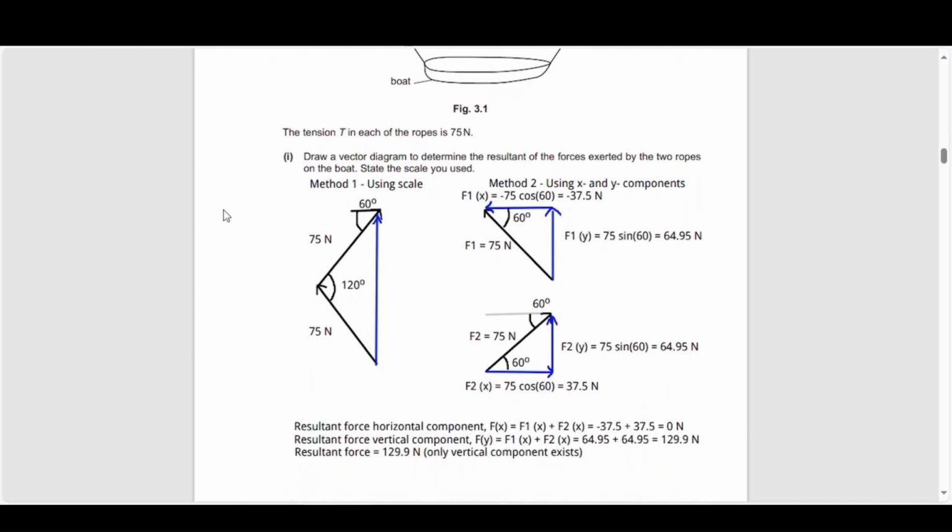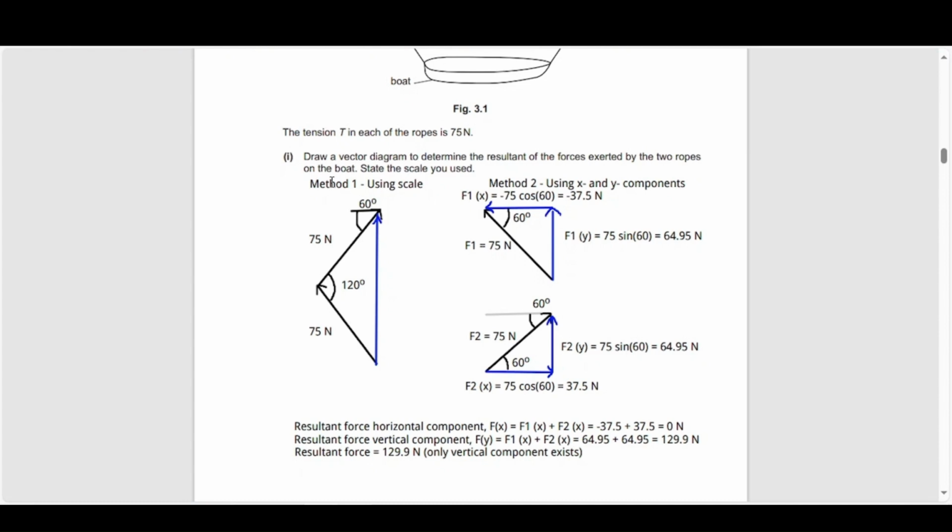So here I have shown you essentially both methods. I will say that I have not drawn this to scale, but I will talk you through the methodology that you would use to draw it to scale and to calculate the values. Essentially, this is the method that they want. It's not very often in these questions they state the method to use.